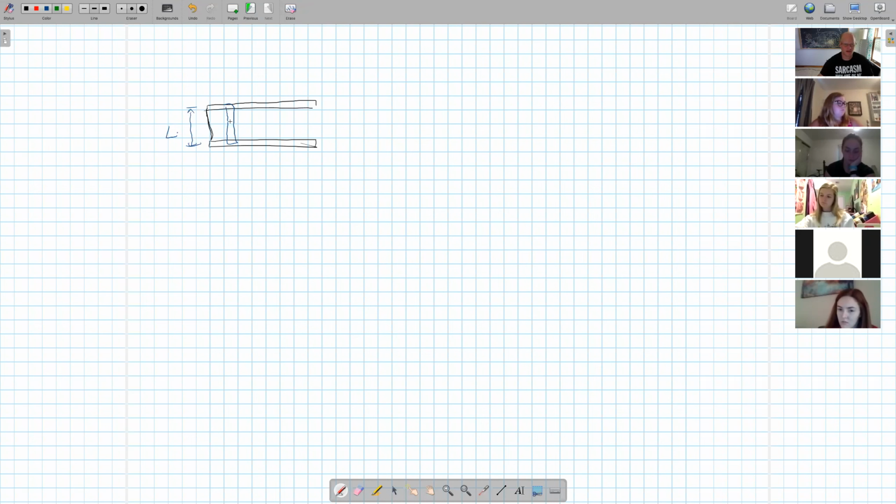Attached to this, we have a string, which goes over a pulley. So I have a pulley here, and this thing hangs straight down. This is the top view. If I draw a side view, here's my conducting rail from the side. Here is my bar sitting on top, there's the string, and somewhere around here I have a pulley.